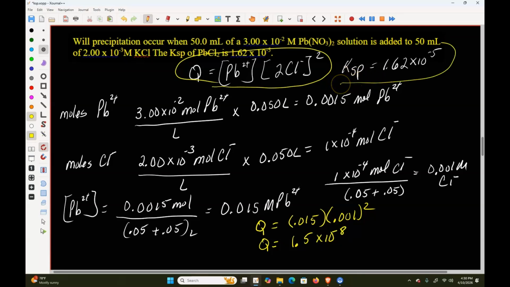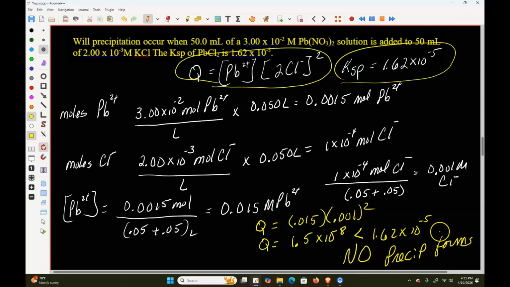All right, let's compare that to the Ksp up here. That is less than 1.62 times 10 to the negative 5. So my answer is no precipitate forms, because my Q value was smaller than my Ksp, so therefore no precipitate occurs.